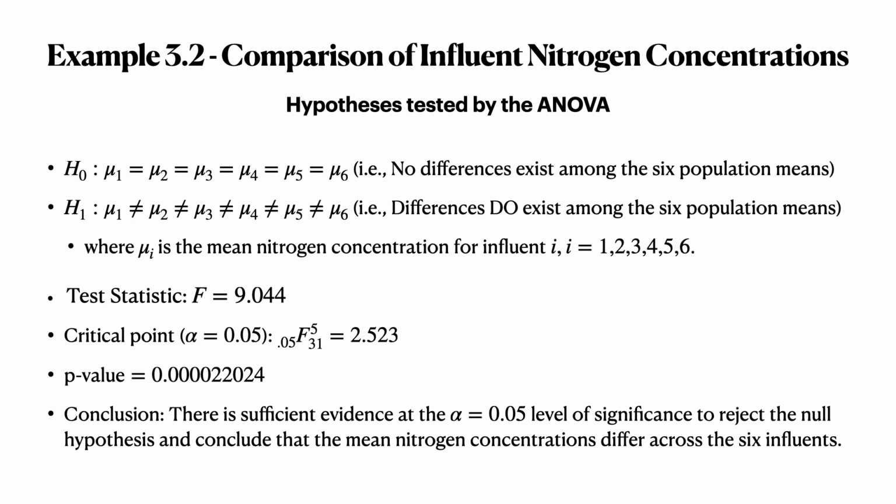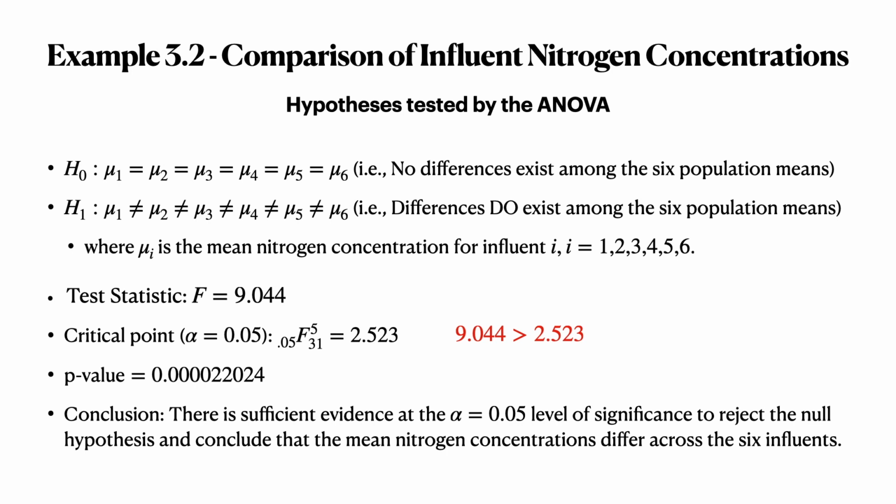The test statistic, as we've seen, is equal to 9.044, rounded to 3 decimal places. We're going to be performing this test at the 0.05 level of significance, and so the critical point for the test is the upper 5th percentage point of the F distribution with 5 numerator degrees of freedom and 31 denominator degrees of freedom. And that is equal to 2.523. The p-value for the test is equal to 0.00002224.